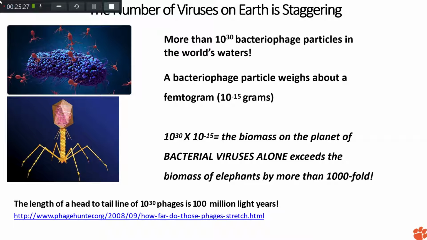The length of head to tail of 10 to the power 30 phages will become 100 million light years. And think about that, these are in the range of nanometers. So a nanometer size particle, if it is 10 to the power 30, can stretch that long. So these are some of the mind-boggling ideas.